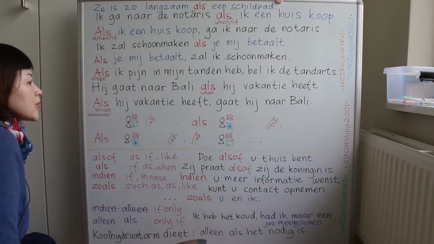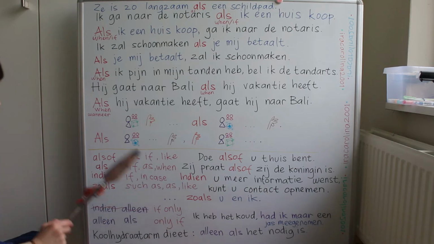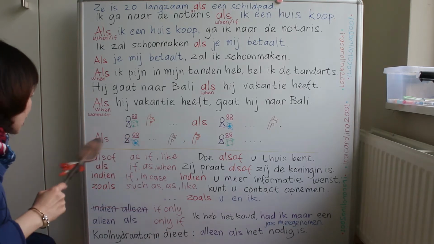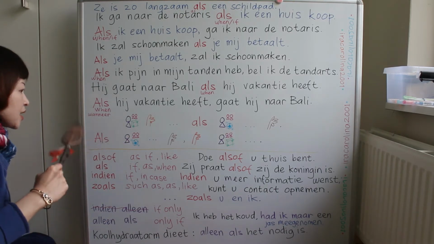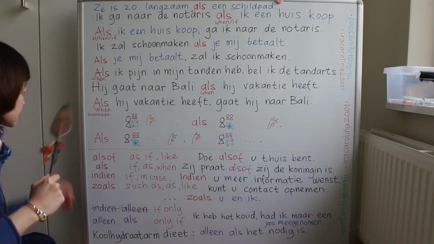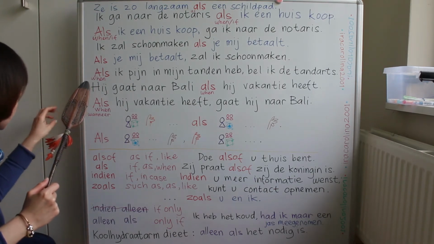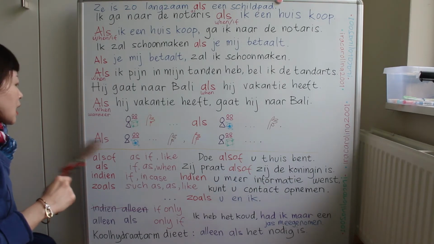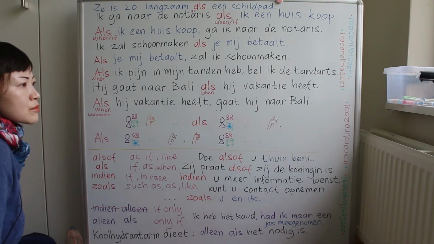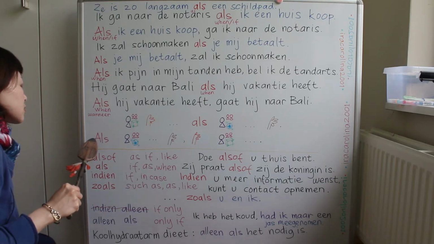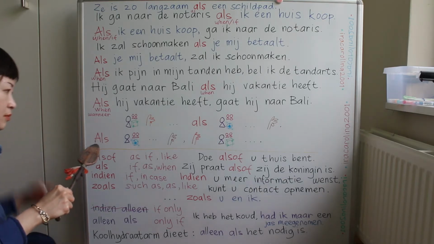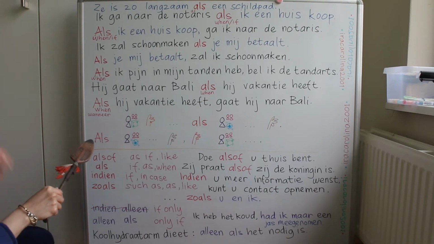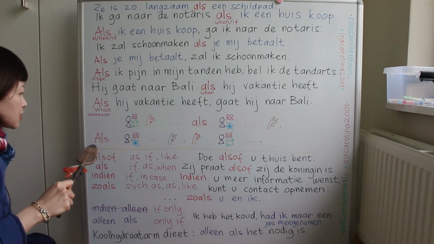The other way is if you put "als" at the beginning of the sentence. "Als", you write it with a capital because it starts the sentence.